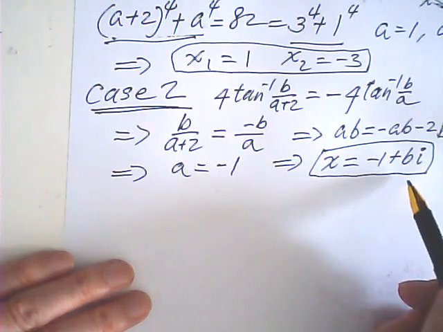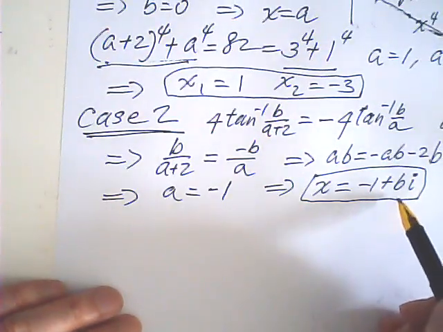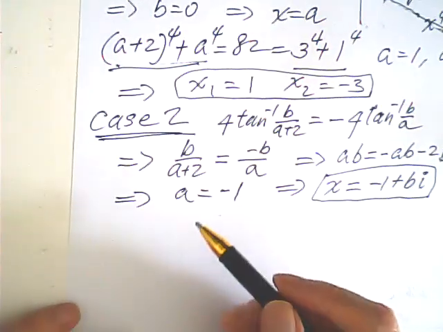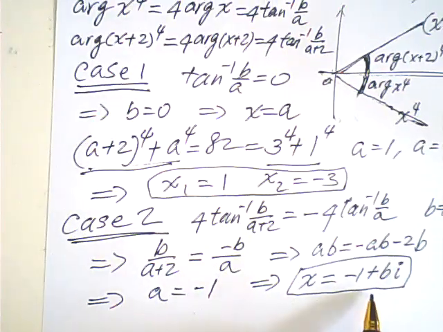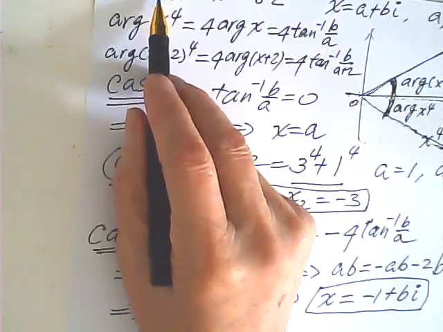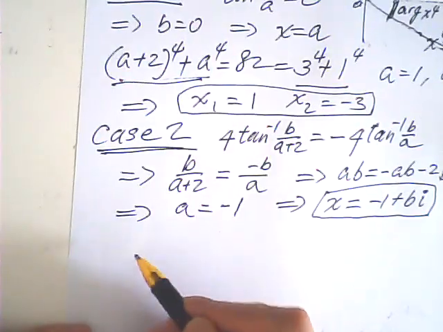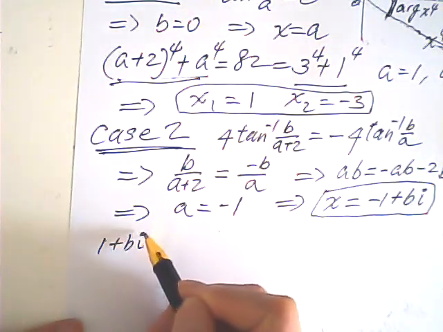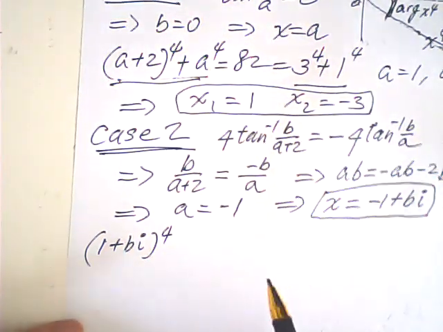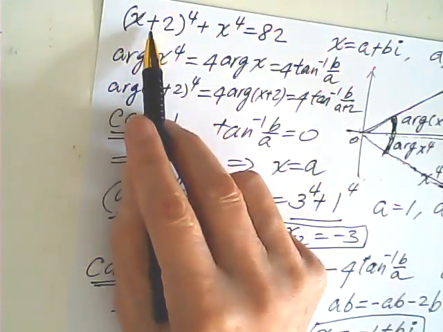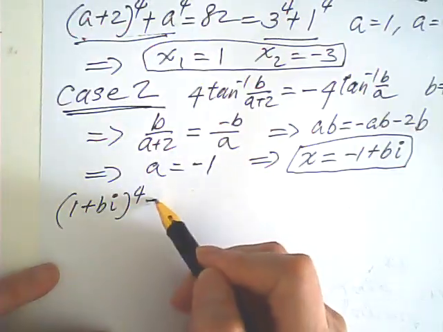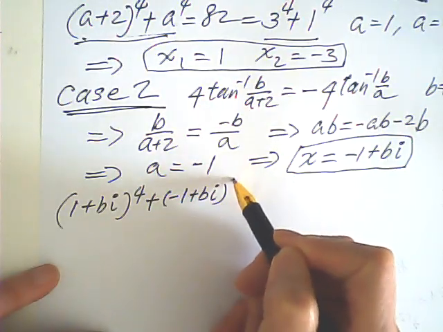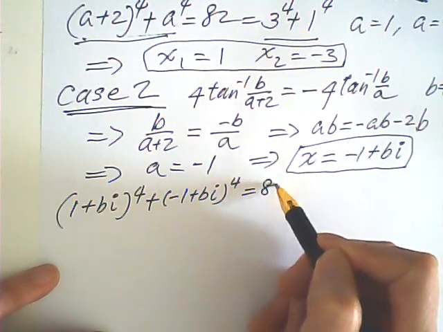Then we can find x by putting this into the original equation: minus 1 plus bi plus 2 is 1 plus bi, to the fourth, plus minus 1 plus bi to the fourth is equal to 82.